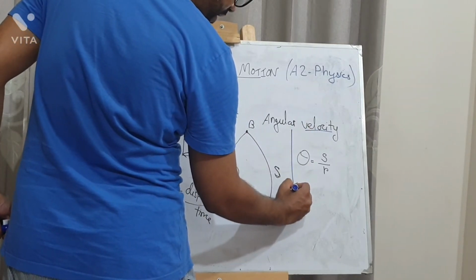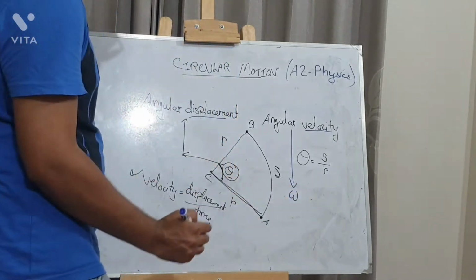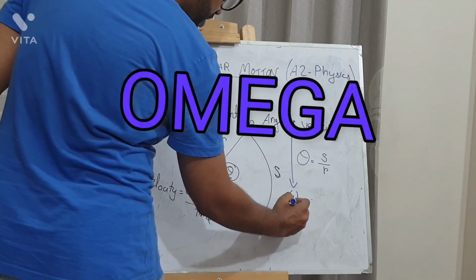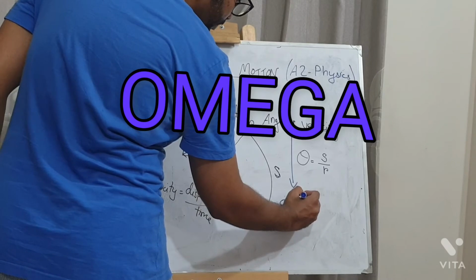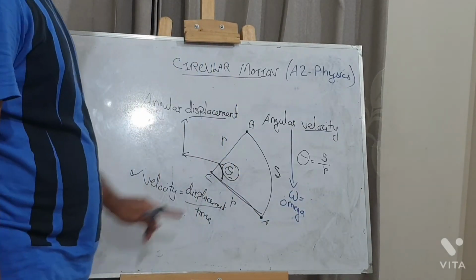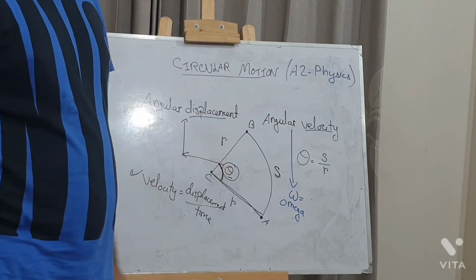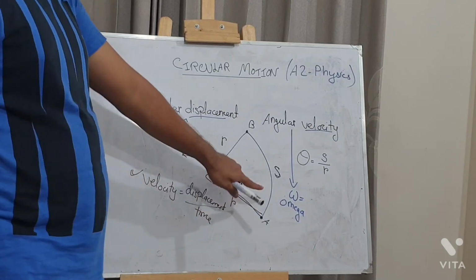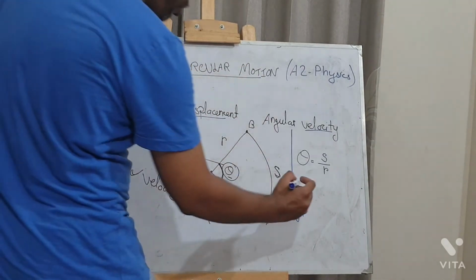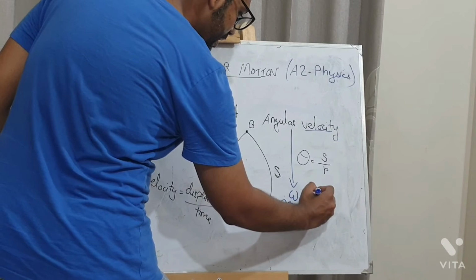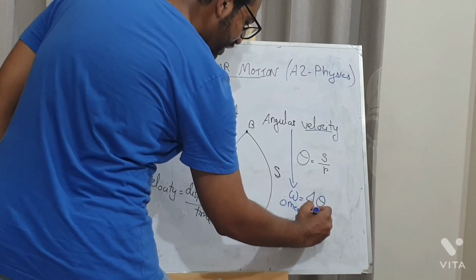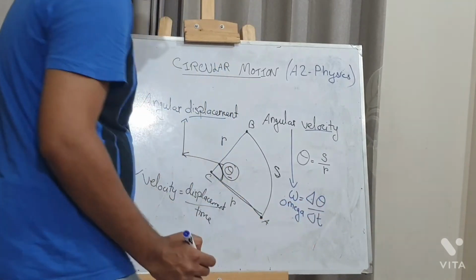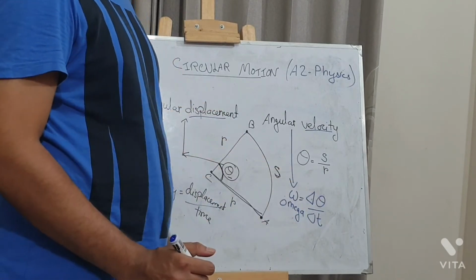Angular velocity is represented by the letter omega. It's written as W, but a Greek alphabet, it's written as omega. So omega is equal to how many angles did the object move through when it's moving in a circular path. So omega is given by angular displacement divided by the time it took for the angular displacement to take place.